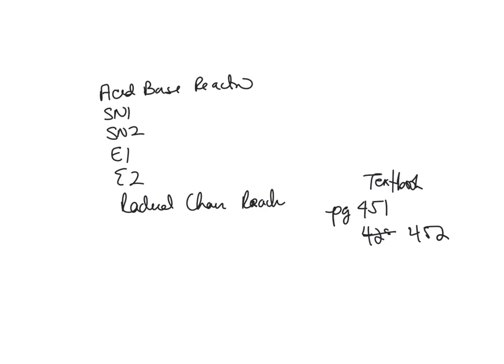And then the last page of reactions of alkynes is, let me see what page number that is. Page 491. 491 for alkynes. So you can look at those summaries, and those should be helpful.